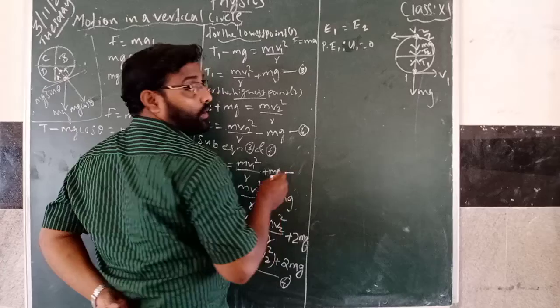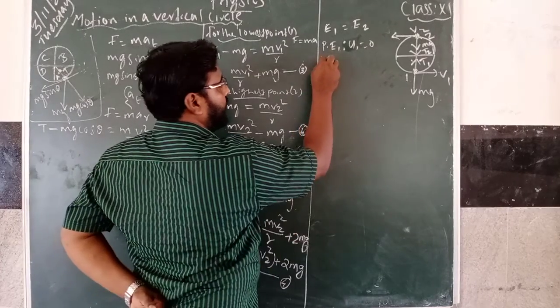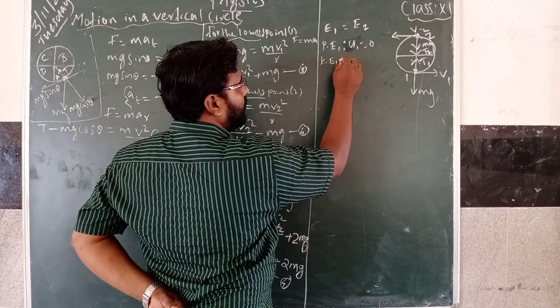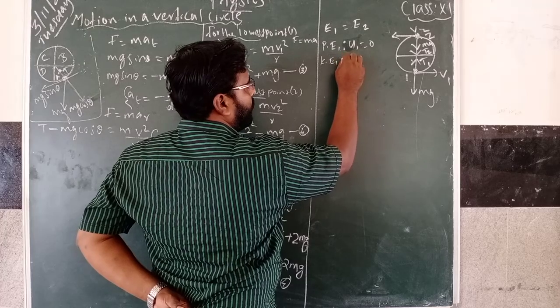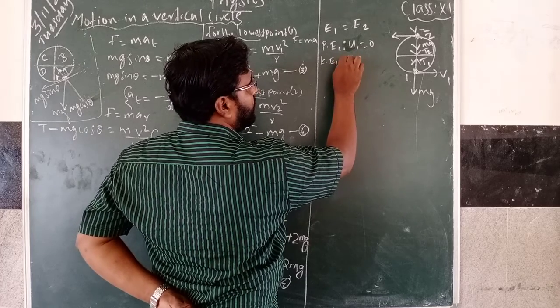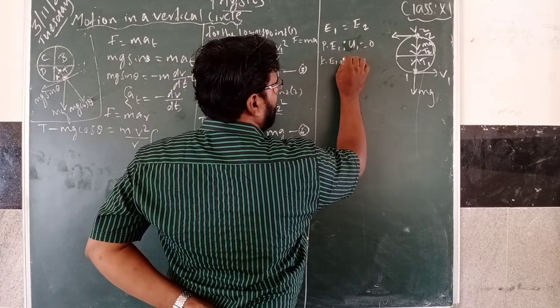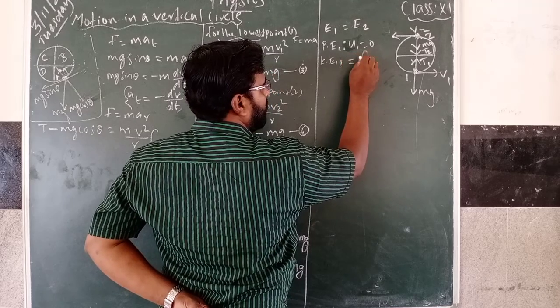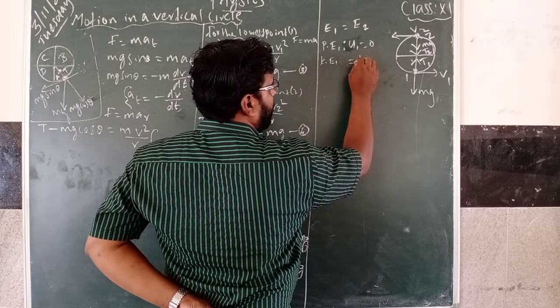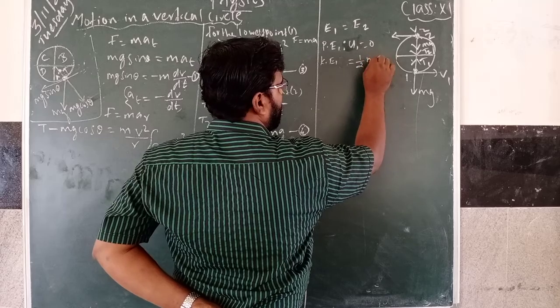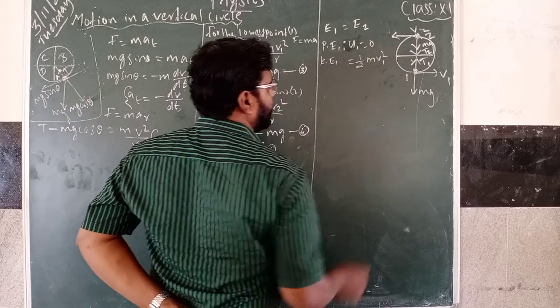U is potential energy, and kinetic energy at position 1 is equal to half mv1 square.